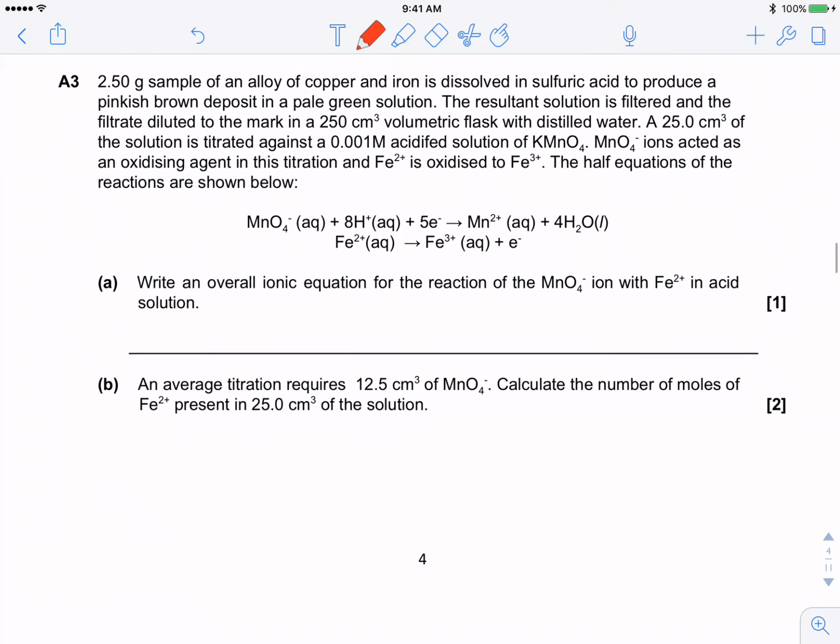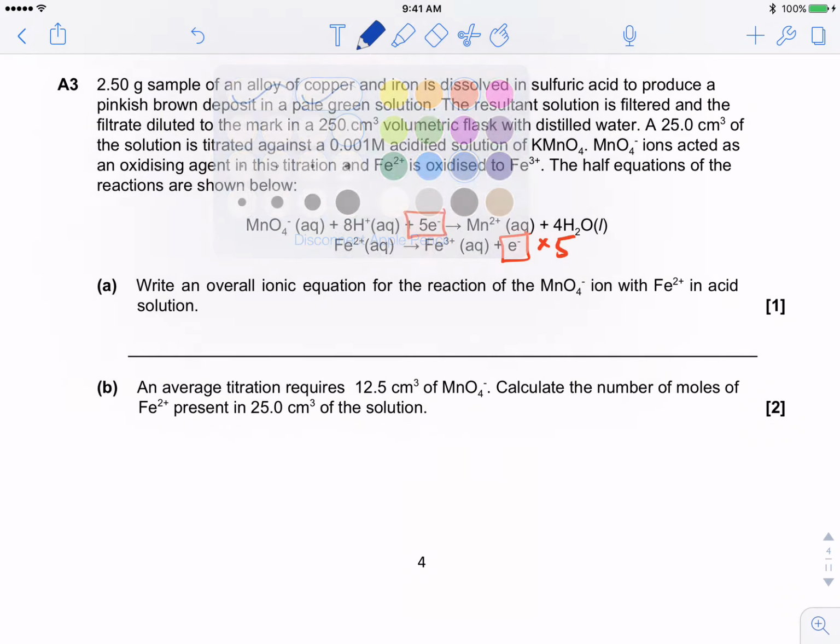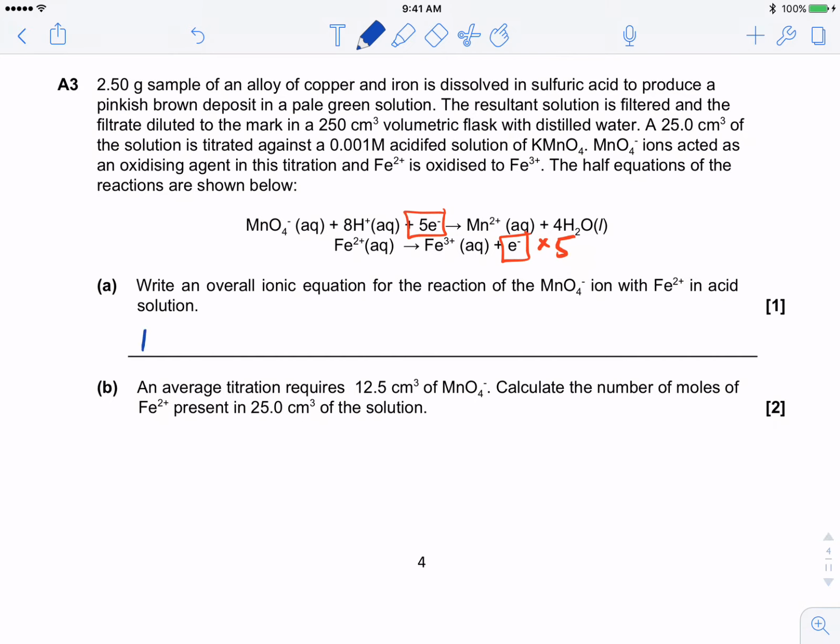Question 3. 2.5 gram of alloy of copper, write an overall equation for the reaction. So first, to write an overall equation, look here, this 5, this 1. So I must first multiply this equation by 5 to make the number of electrons balance. We did this before in class, so let's try writing this down.